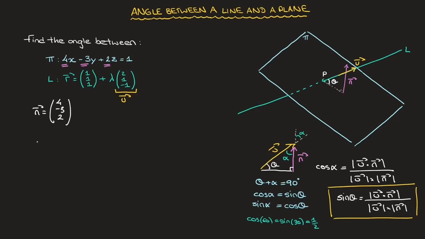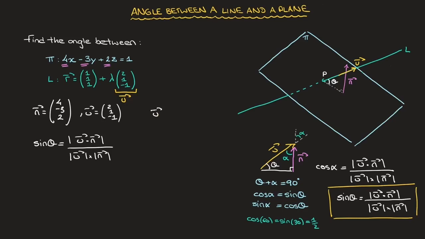So let's see, that was sine of theta equals u dot n, all of which is in between absolute values, over the magnitude of u times the magnitude of n. Well, let's start by calculating u dot n. Our vector u is right here, and in fact I'll just copy that in white here. u is equal to 2, 1, negative 1, and the vector n is right here.